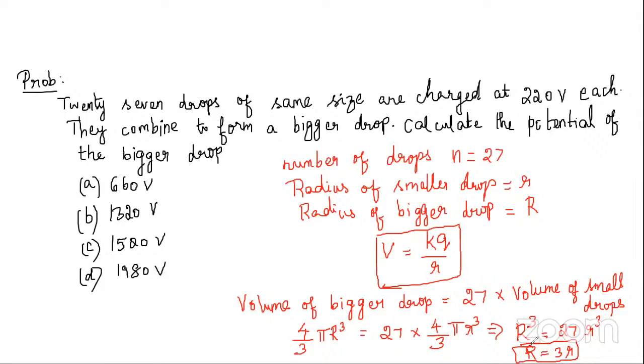So now we shall apply the potential formula. For the small drop, the potential is given by V equal to K into small q divided by small r.